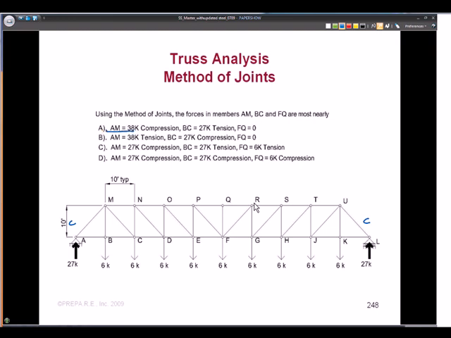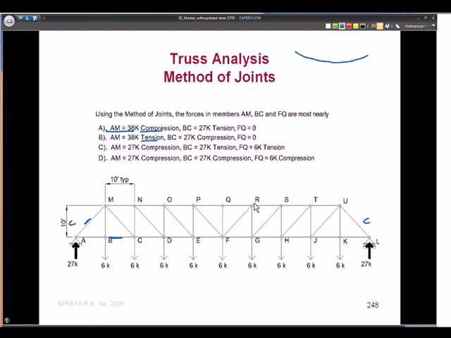So what about AM? Well, I'm not sure if AM is in compression or tension. Let's just say we're not that comfortable with it, so we can't really make a decision on member AM at this point. Well, what about BC? BC is the bottom chord of this truss.